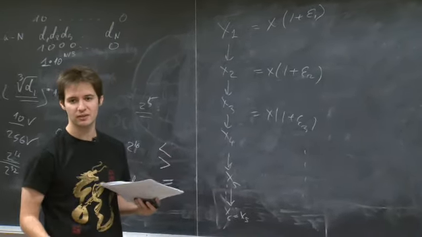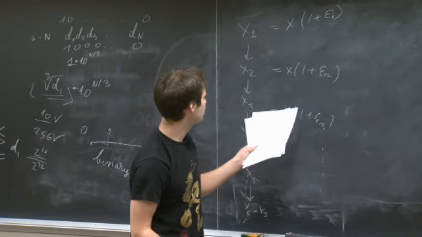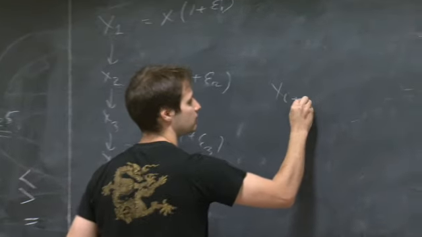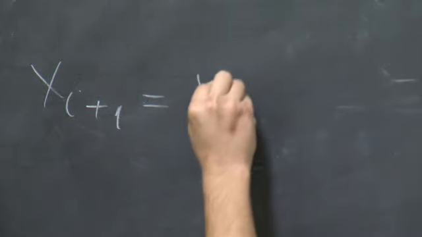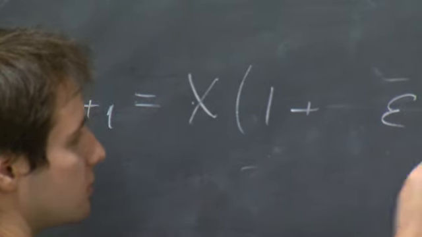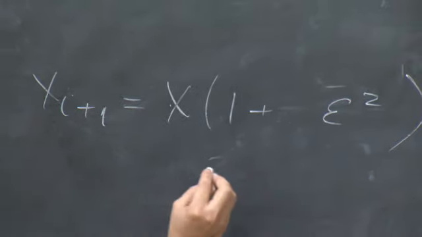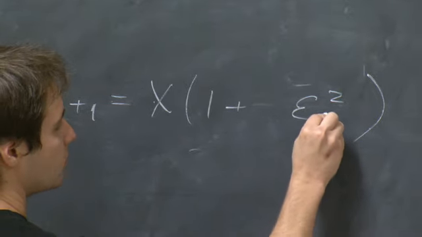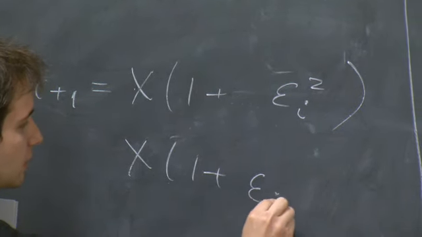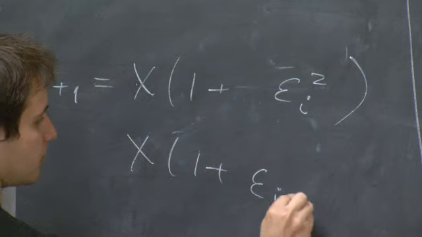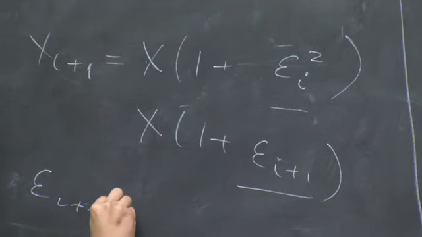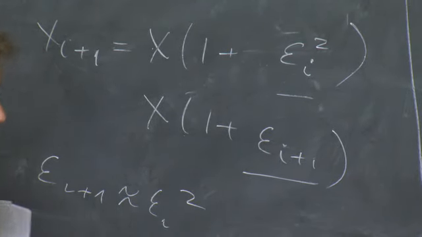And then we'd get something along the lines of x of i plus 1 is x times 1 plus something times e i squared. So what we get is that e of i plus 1 is roughly e i squared.